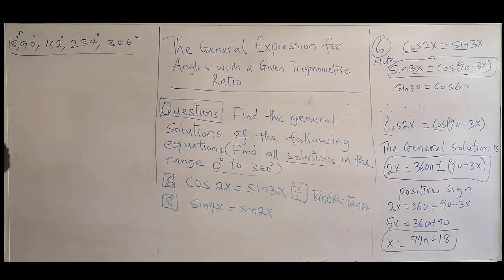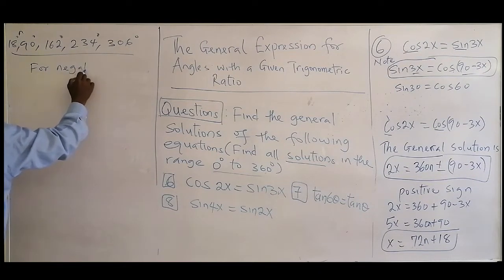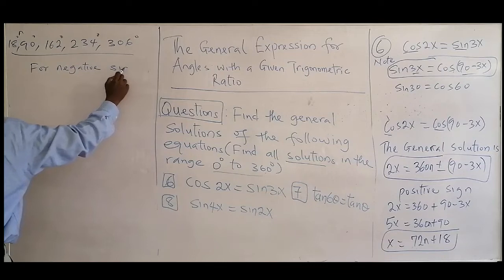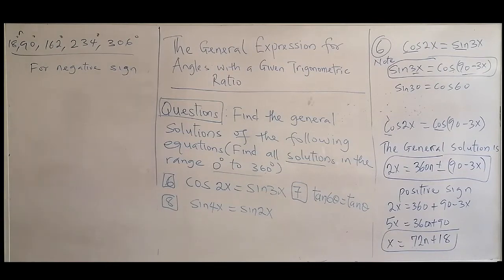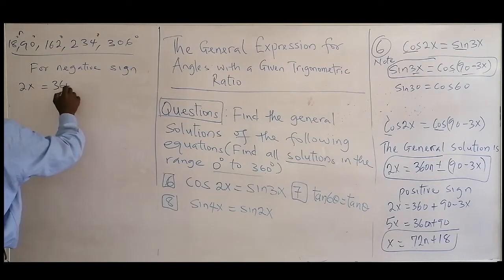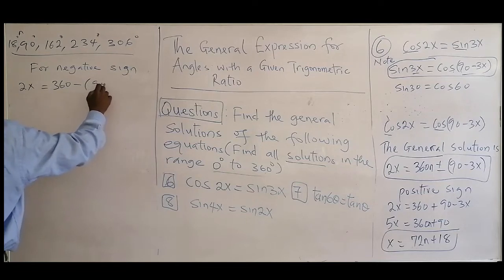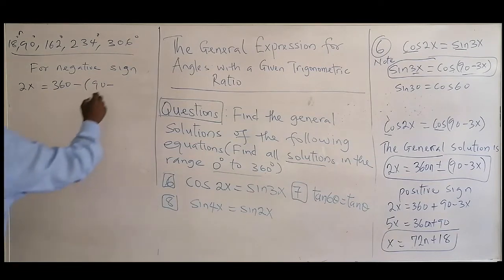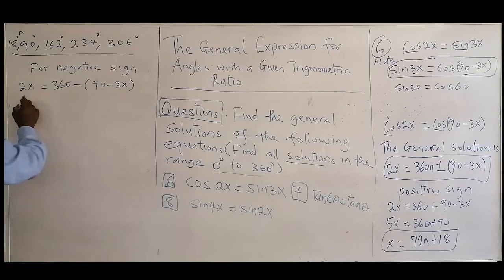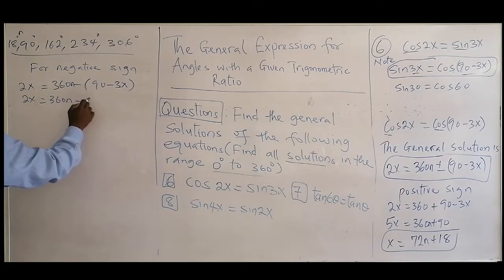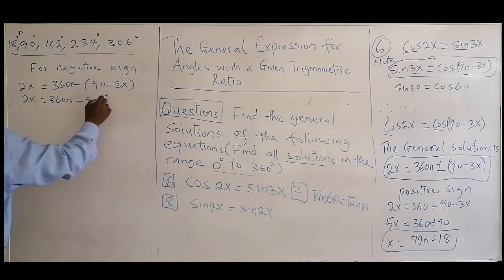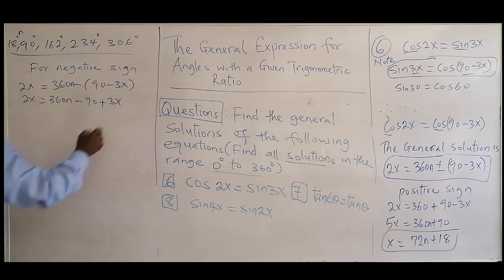Okay, let's take the negative sign. For the negative side, let's see if it's going to work. We have 2x equal to 360n minus (90 minus 3x). Which equals 2x equal to 360n minus 90, and then plus 3x.